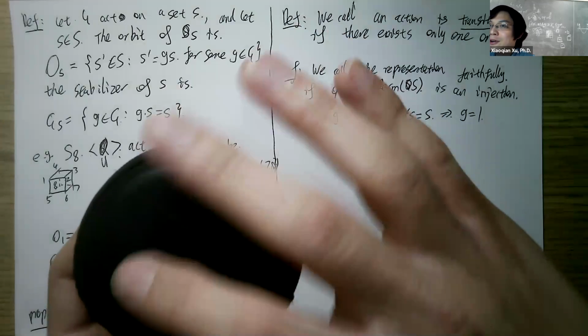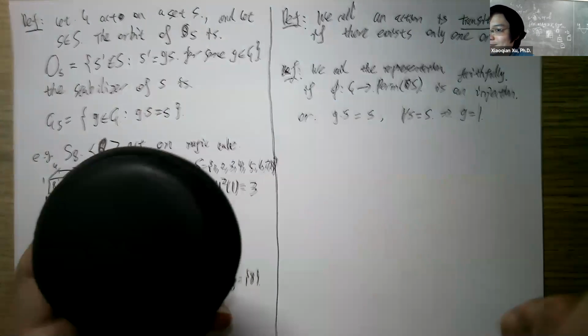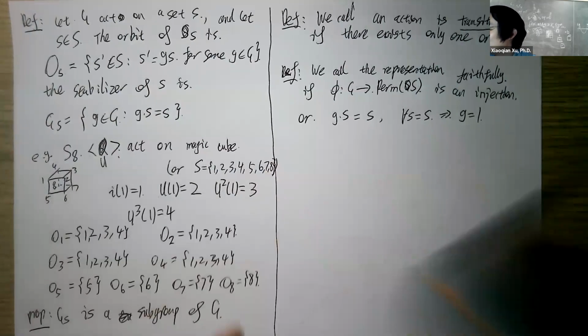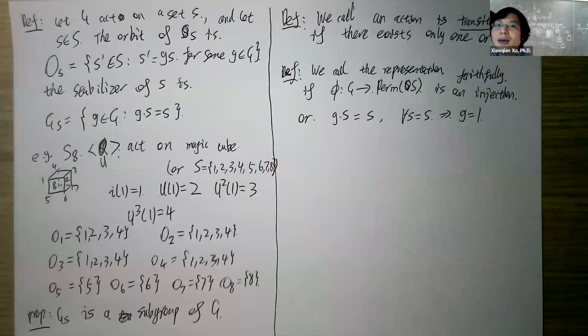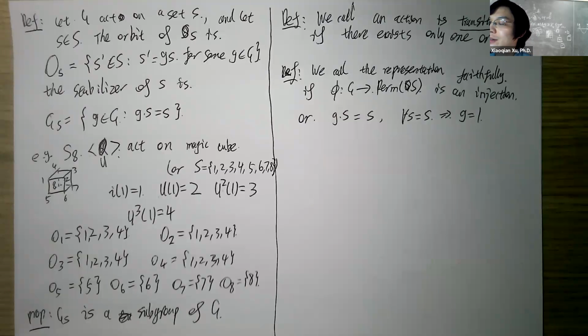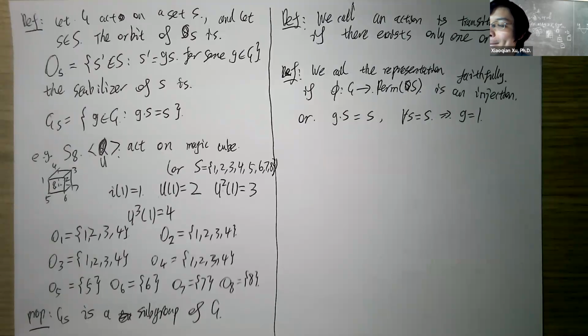This is the meaning of transitive: you can travel anywhere you want by using this group. And faithful means this group can really be seen as a subset of the permutation group of S, which means any two elements of this group are different under this representation.